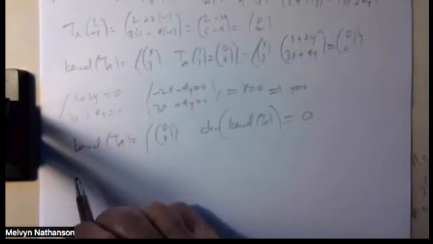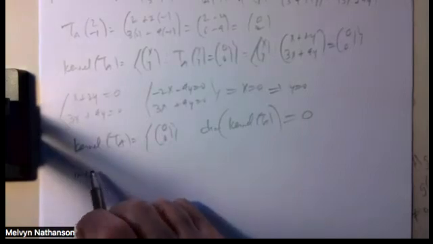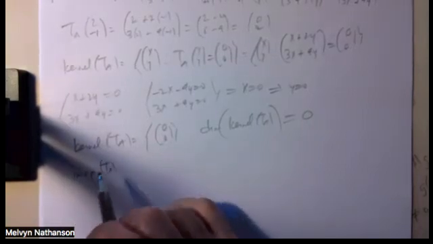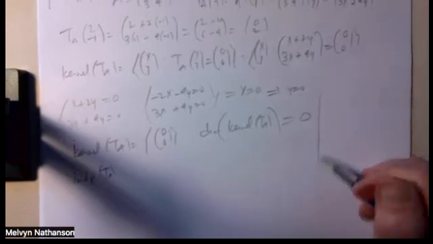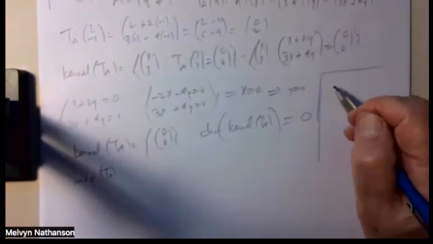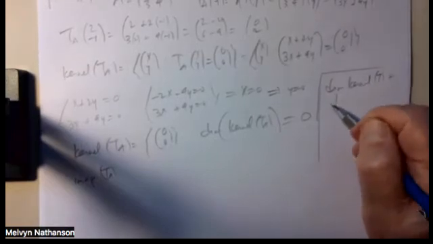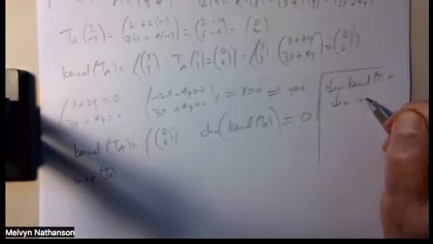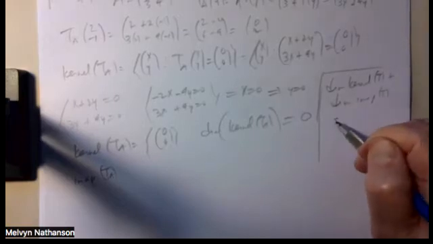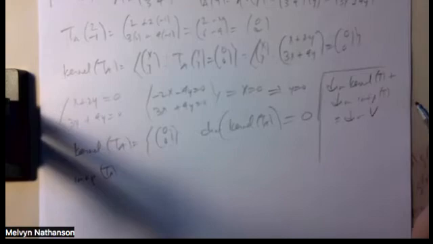And what is the image? Well, first of all, we know that the dimension of the kernel of a linear map plus the dimension of the image equals the dimension of the vector space.